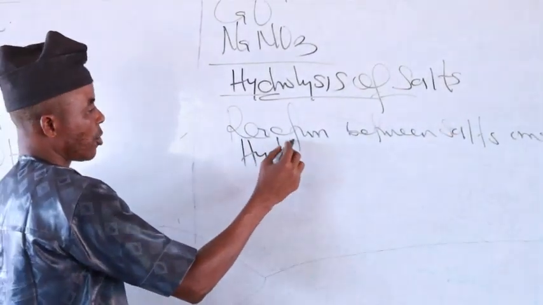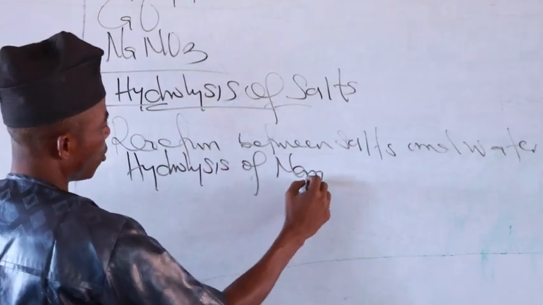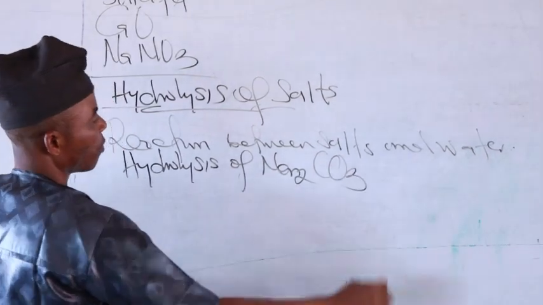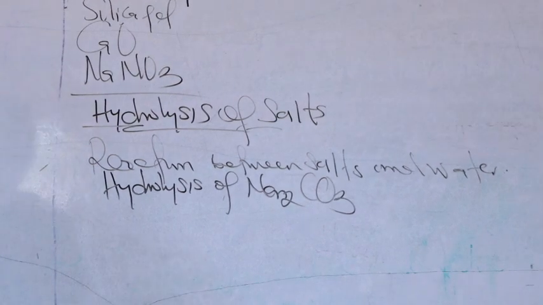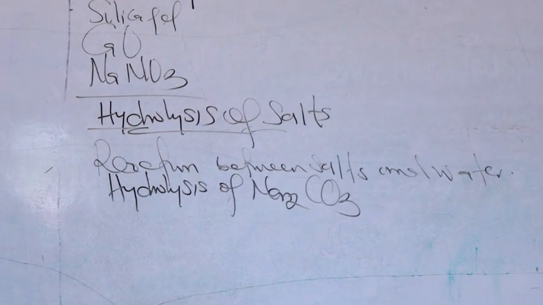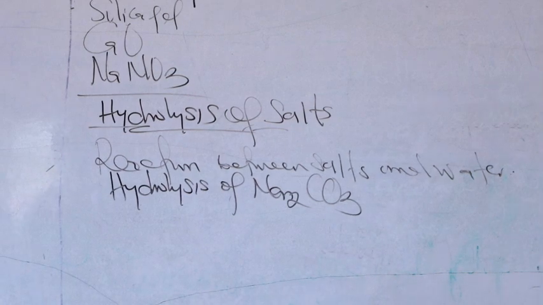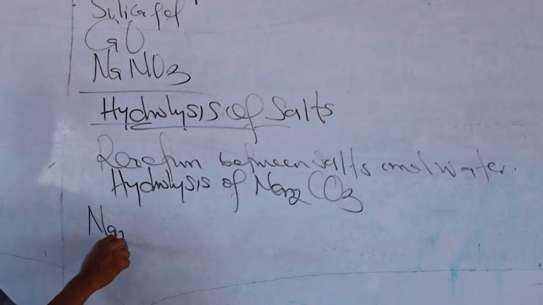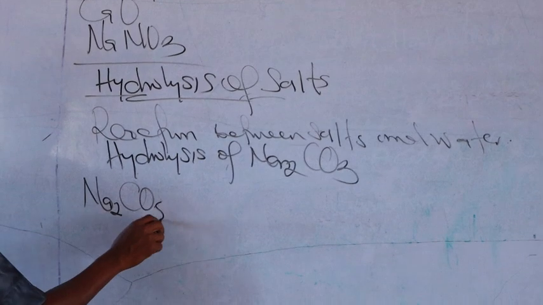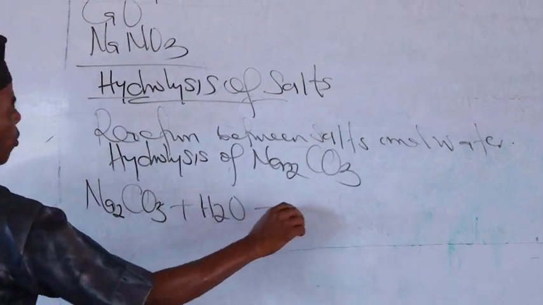We have hydrolysis of sodium trioxocarbonate(IV). When you say hydrolysis of sodium trioxocarbonate(IV), we are referring to the reaction between sodium trioxocarbonate(IV) and water. So that means we have Na2CO3 reacting with H2O.